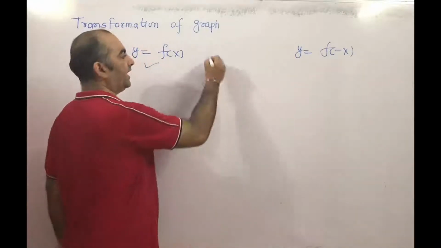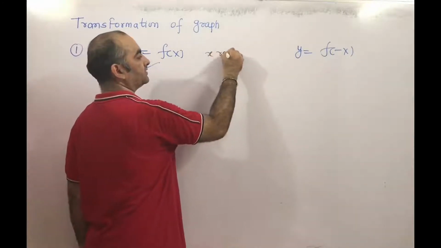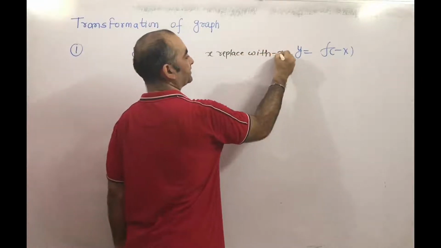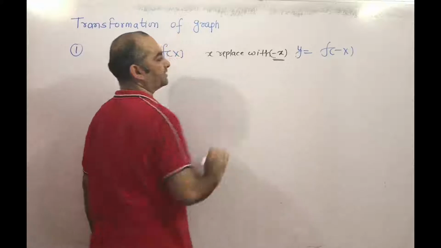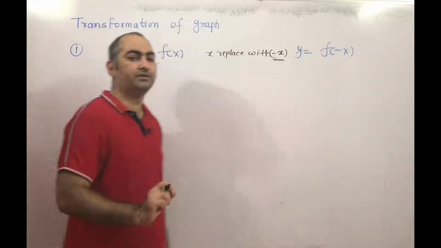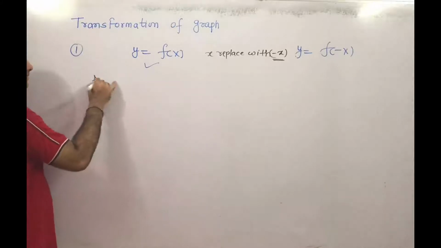So here what we are doing, x replaced with minus x, then we will get this function. So how to draw the graph? This point you have to remember.